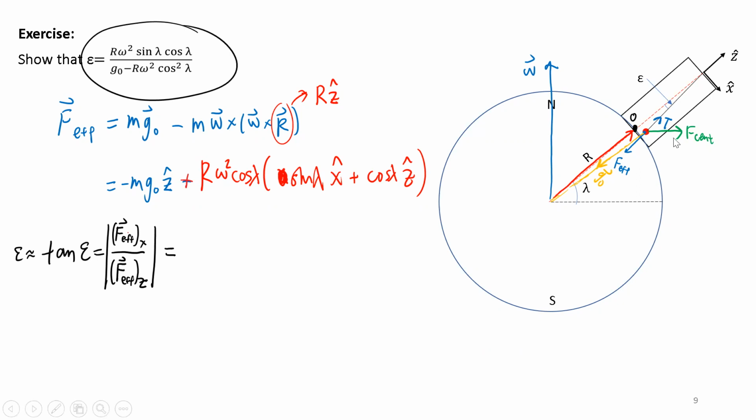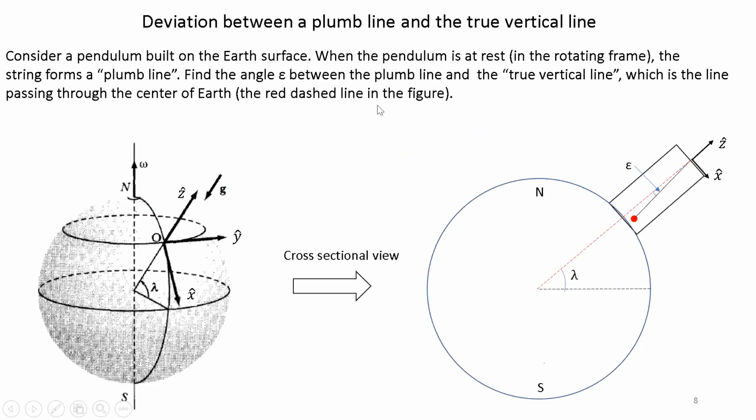Okay, so now you understand that the effective plumb line, that's how I call it, would not be exactly parallel to the true vertical line.